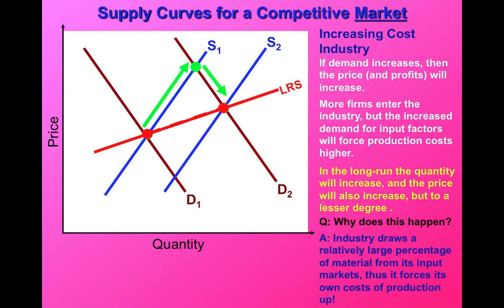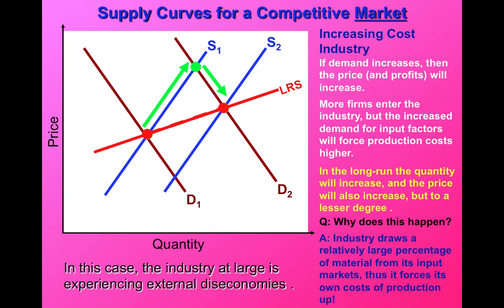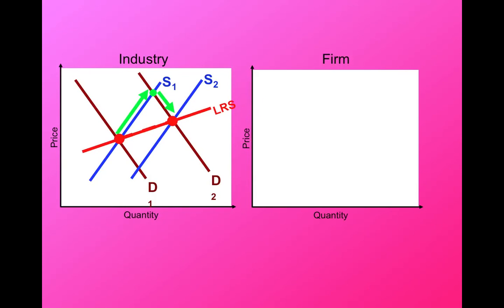If they tried making more houses, they're going to force their own costs of production higher. And so, yeah, we'll see more supply come into the industry if there's economic profits. And that supply will move up to the point where we start breaking even again, but we'll start breaking even at a higher price. Let's take a look at that from the perspective of a firm.